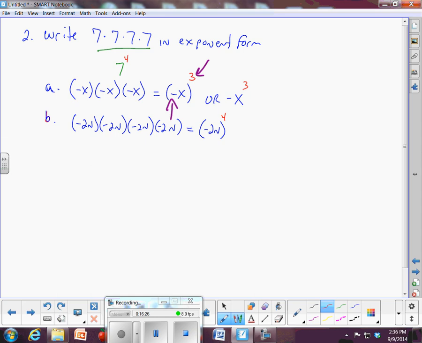Now, again, because we understand that a negative base to an even exponent is a positive product, we can write it without the negative and just do 2n to the fourth power. Those are equivalent. Okay, so technically it's this way, right? But in reality, it's the same as that. We can write it that way.